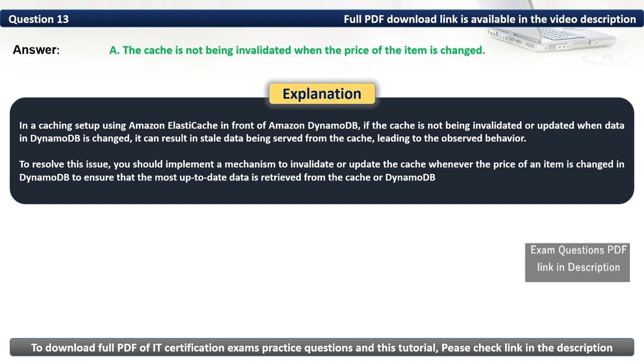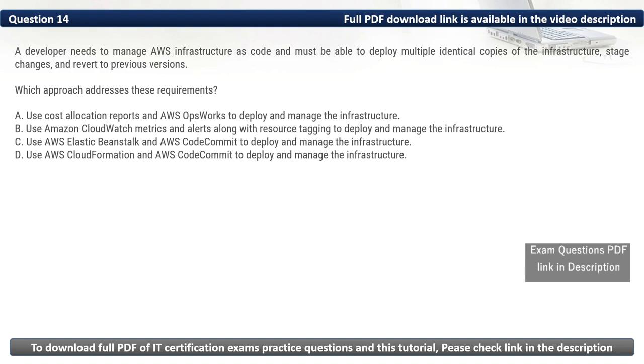Question 14. A developer needs to manage AWS infrastructure as code and must be able to deploy multiple identical copies of the infrastructure, stage changes, and revert to previous versions. Which approach addresses these requirements?